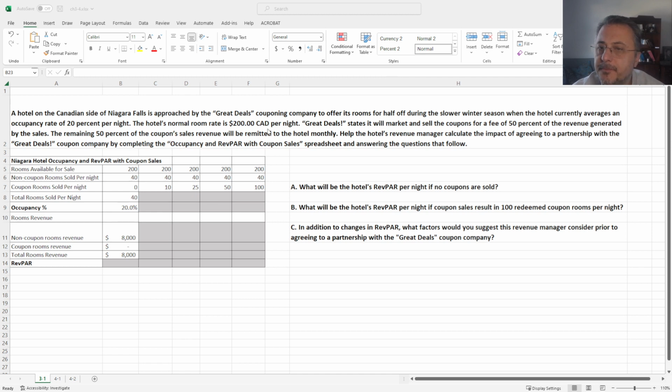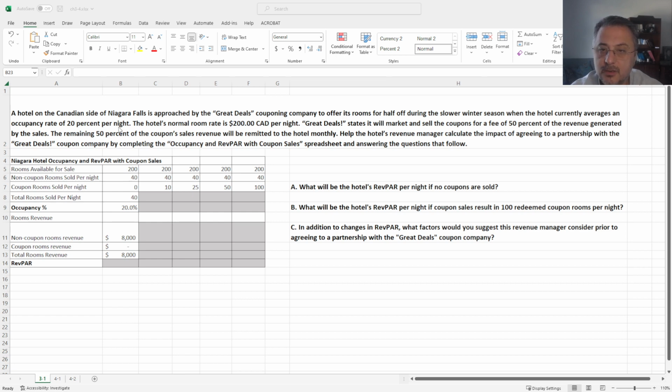Now, first, let's try to understand what the question tells us. The Canadian hotel, basically, their business is not very good. They only have a 20% occupancy. And the coupon company approached them and they say they are going to offer half off.